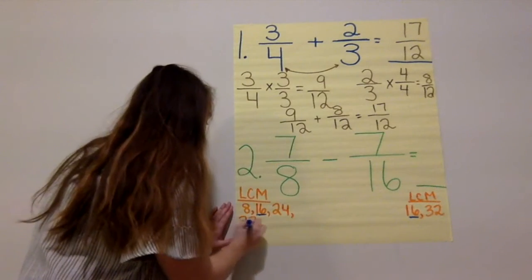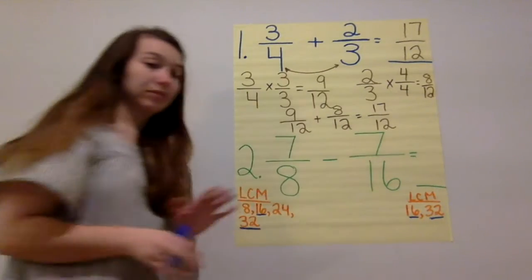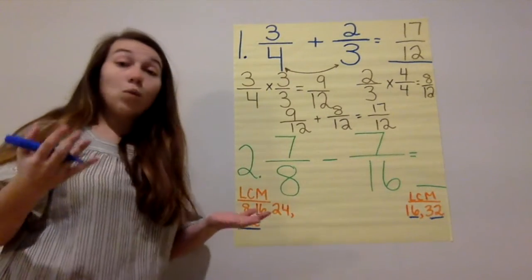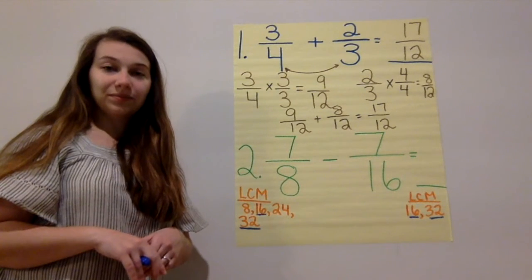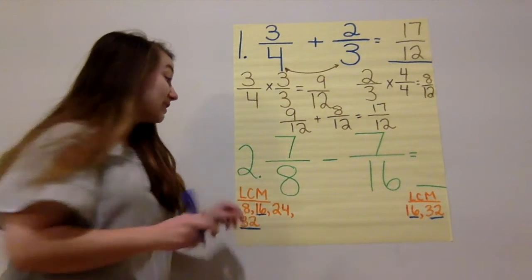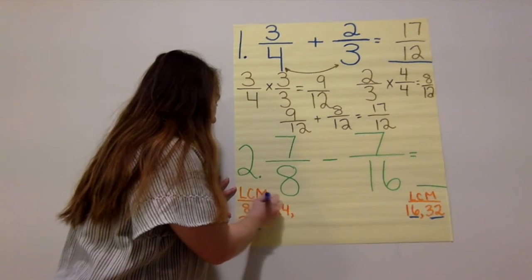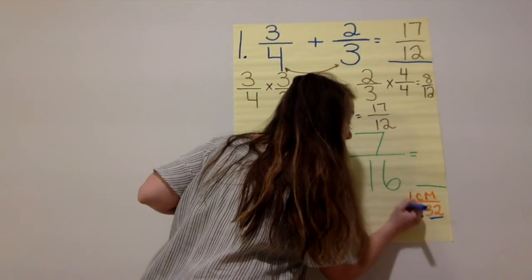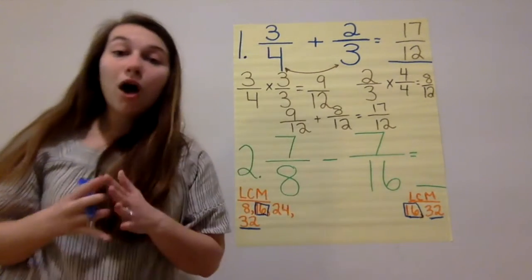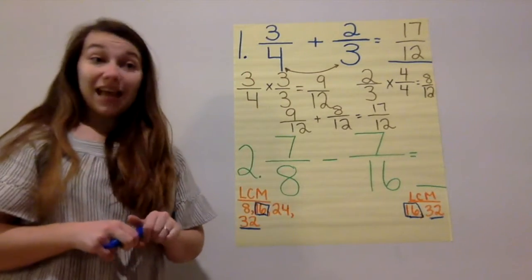And then 32 is the same here and here. So, which one am I going to use? Have any answers? Well, if you said 16, you are right. We're going to use 16 because it is our least common multiple, or the smallest of the two that both 8 and 16 have in common.